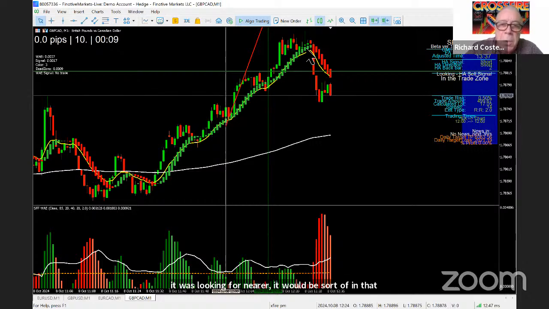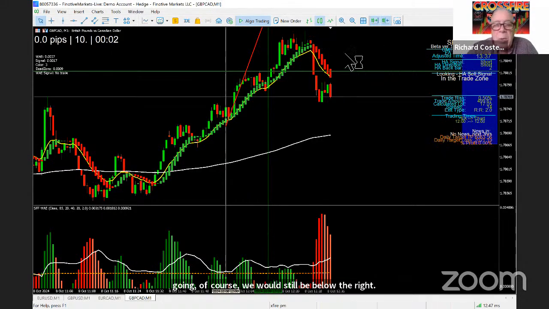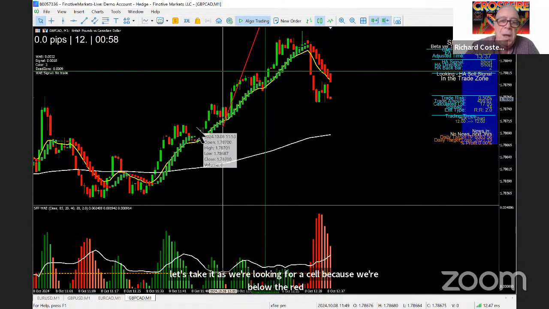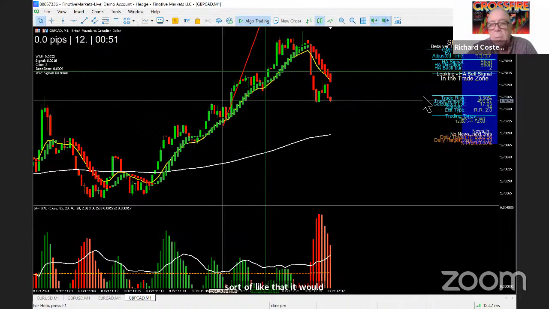It would be going across. We would still be below the red. So let's take it as we're looking for a sell because we're below the red. Even if the line was like that, it would be below the red and below the green. So we're correct in that we're looking for a sell.